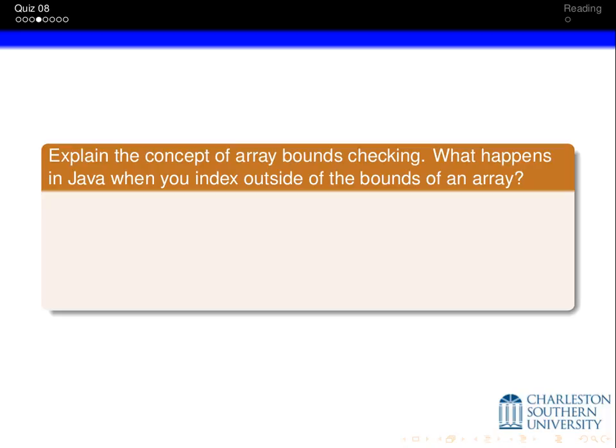How is this different than C++? Does C++ throw an exception? No, C++, you just do it. And bad things happen will be the easiest way to put it. You can take your array and index -1 in C++, and it'll allow it. Or something way past its value, sub 1 million on a 1,000 element array. It'll just do it.